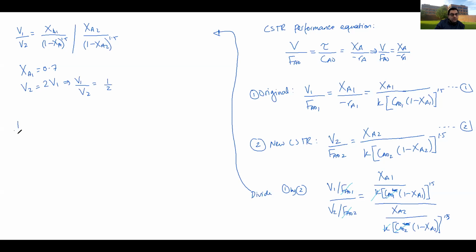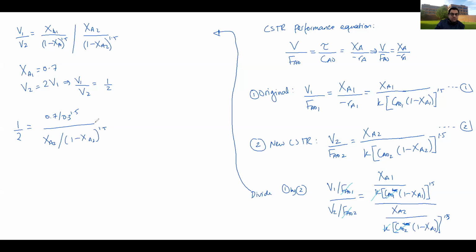So I'm going to have half is equal to 0.7 over 0.3 to the 1.5, over XA2 divided by 1 minus XA2 to the 1.5.